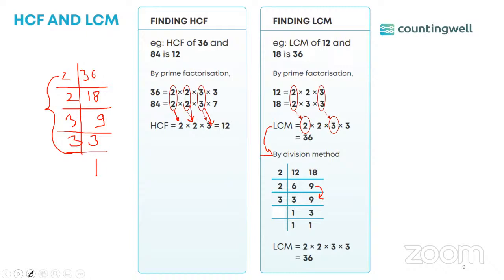We will continue this procedure till we get 1 and 1 in the last step. Since we have here 1 already, we will find a number which exactly divides 3, and that number is 3. That's why we have 3 into 1 as 3. Now we take the product of these numbers, which is nothing but the LCM of numbers. I hope now this is clear.